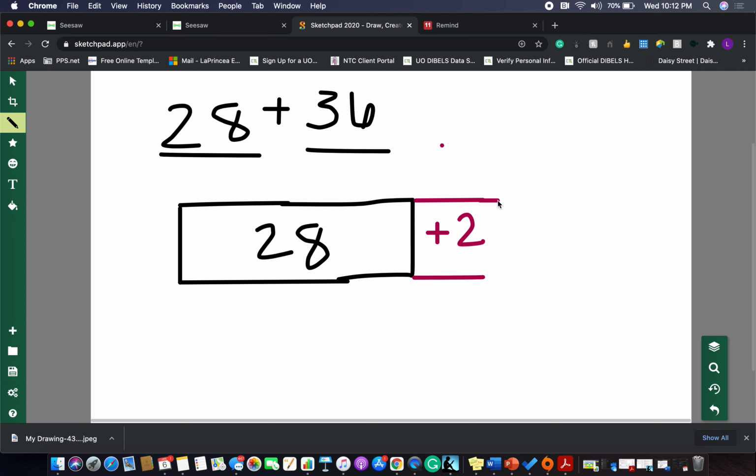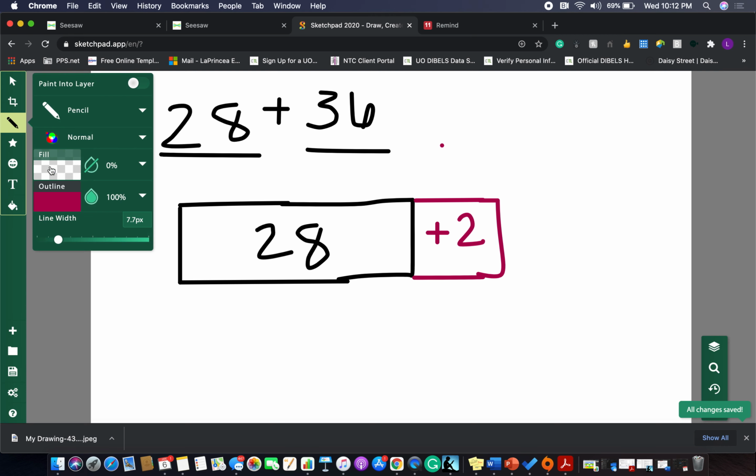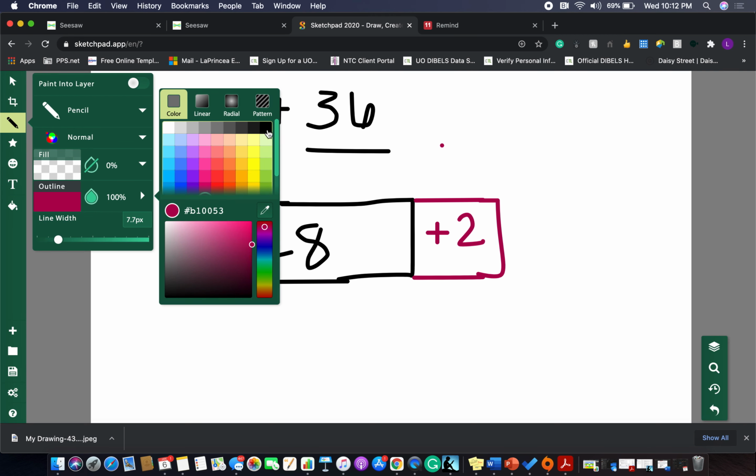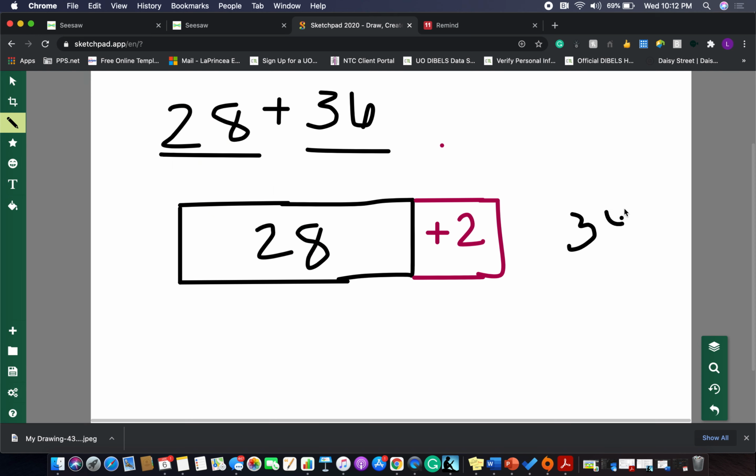So I have 28 here plus 2, which is 30. And on the other side, instead of writing 36, I'm going to write 34. Ask yourself this.